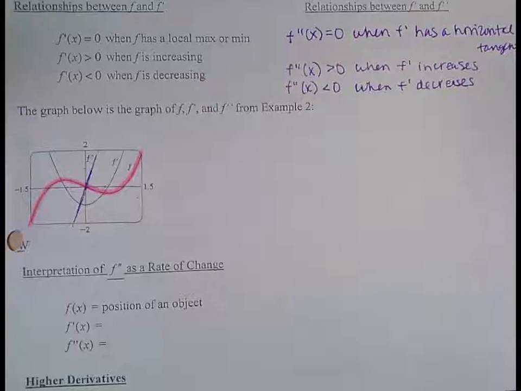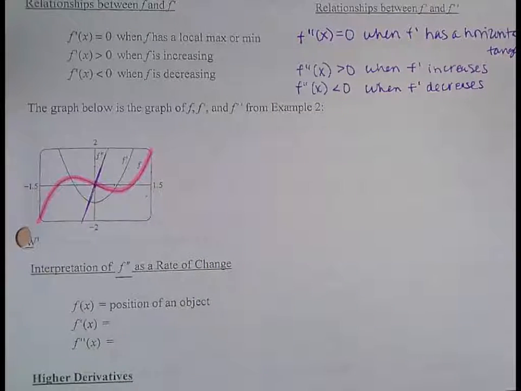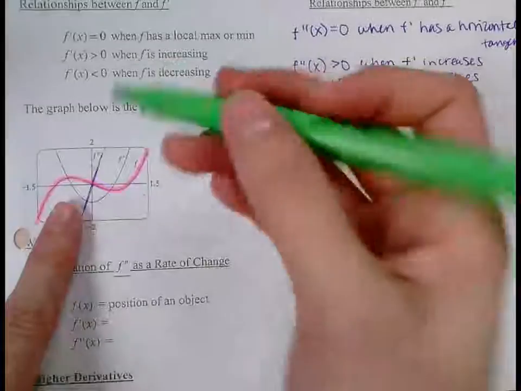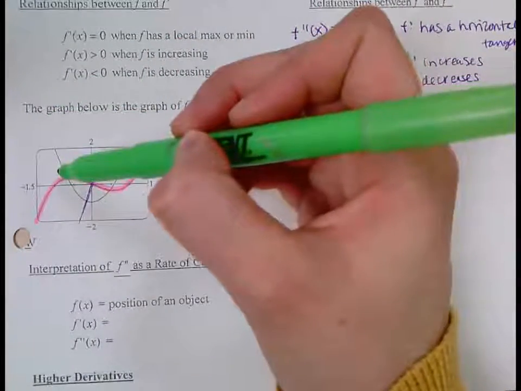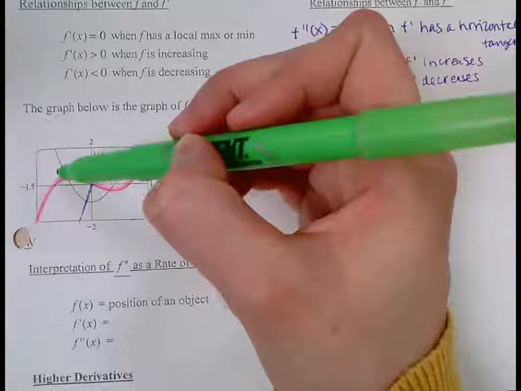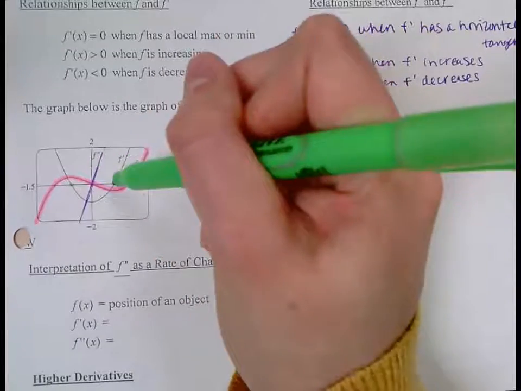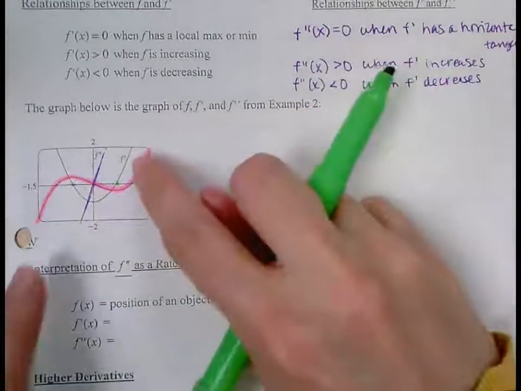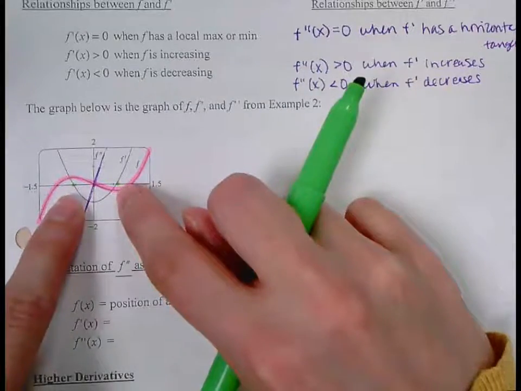This is f. And then think about those relationships if you were to graph f prime, the derivative of f. It has two horizontal tangents at the local max and the local min. And you can see that's where the graph of f prime crosses the x-axis, at those horizontal tangents.